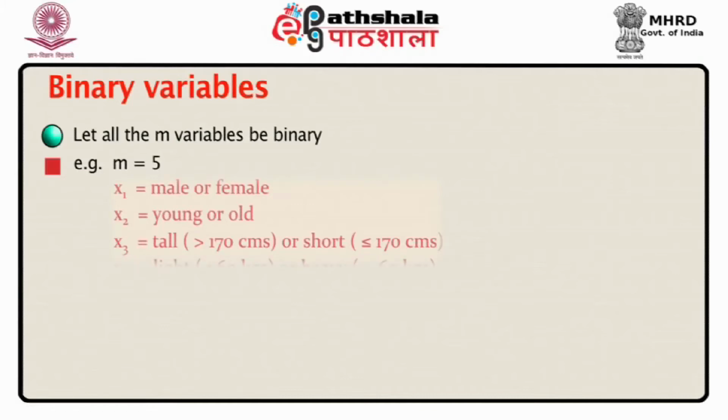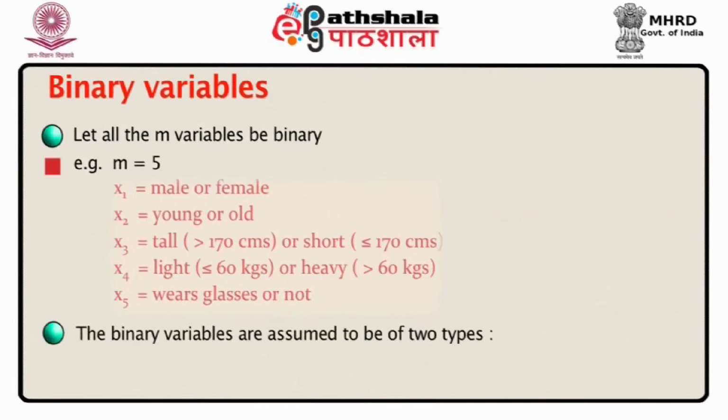X4 can be light or heavy in weight. So, less than 60 kgs, the person is light. More than 60 kgs, he is heavy. And X5 is, suppose we want to see whether they wear glasses or they do not wear glasses. Now, the fifth variable in this case is slightly different from the first four. Because binary variables, we generally can categorize into two types.